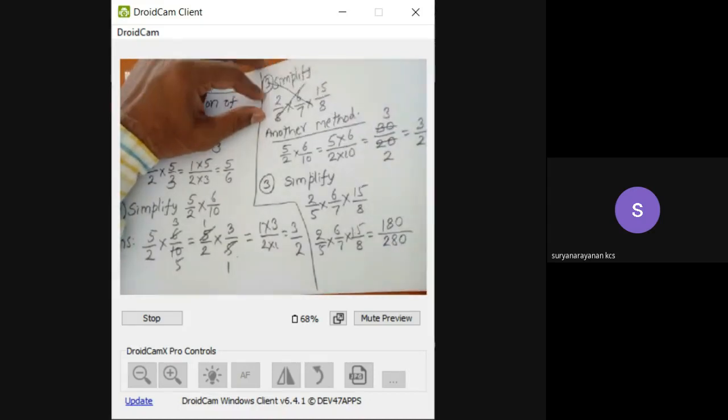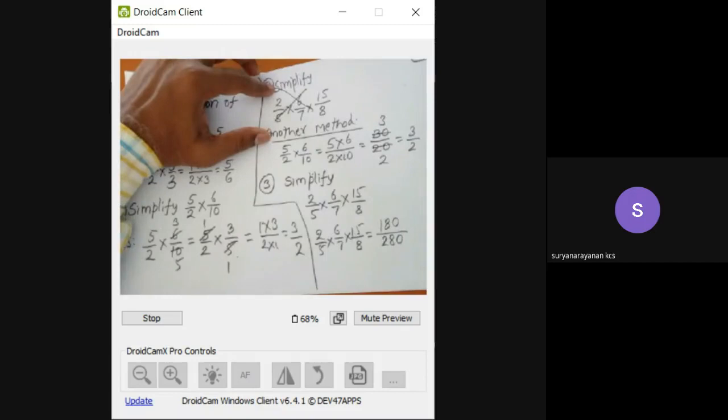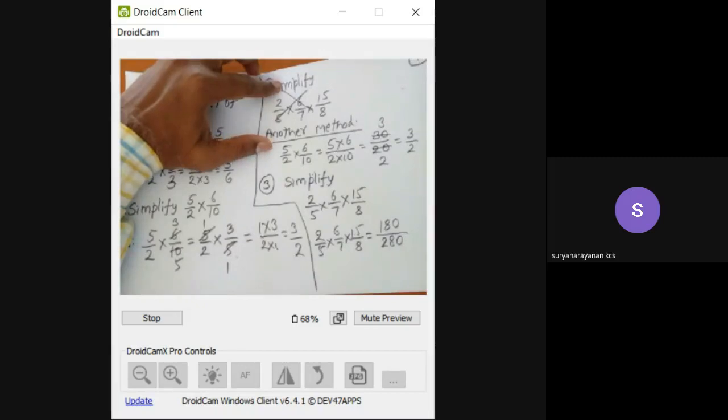Okay, my children, find HCF of 180 and 280. Who will do it? Bibina, can you find HCF of 180 and 280?